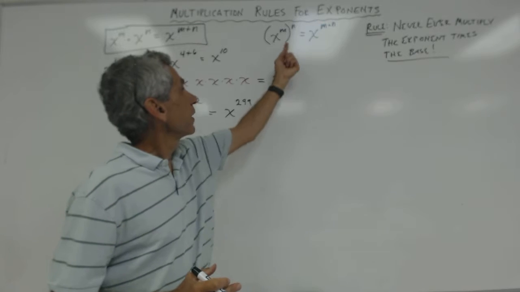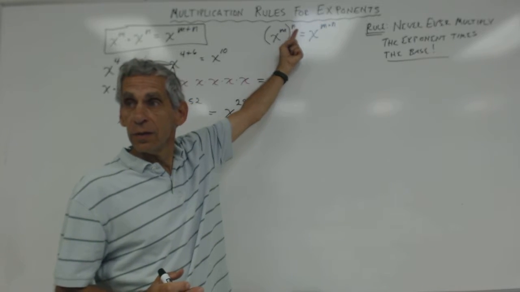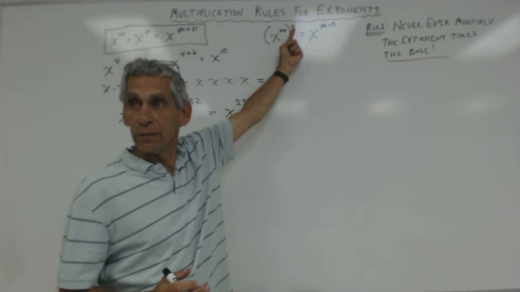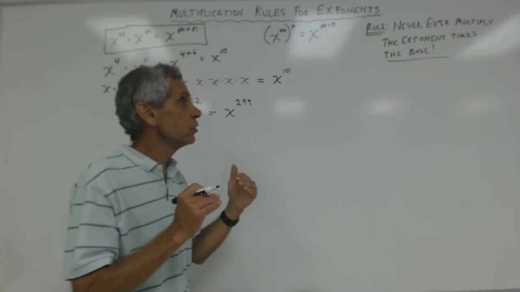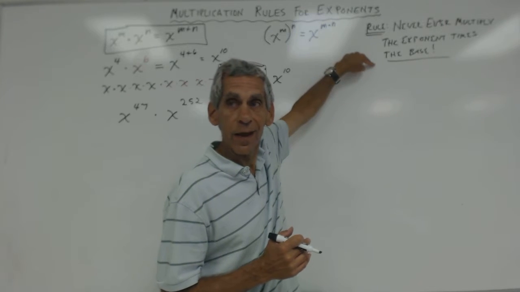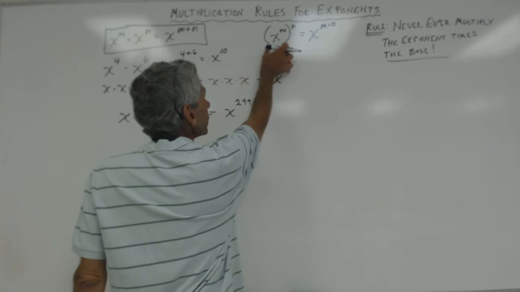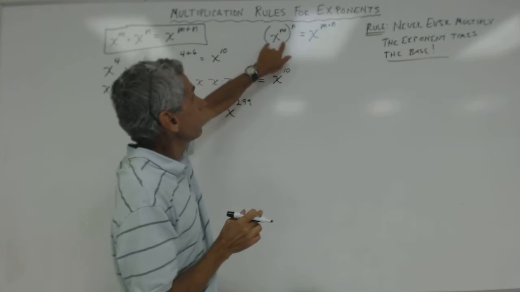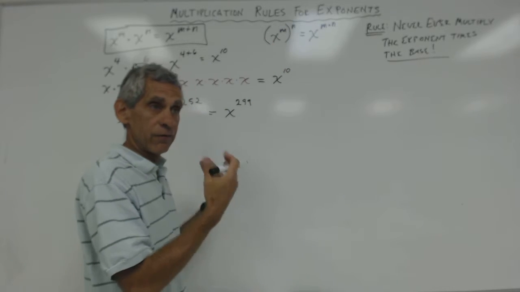That's the only time you're ever going to multiply exponents, is when there's parentheses between them. But you're only multiplying exponents. You are never multiplying the base. Does that make sense? Ever, ever, ever. Never multiply the base. In this scenario, you can have a variable, but x could also be a number instead of a variable.